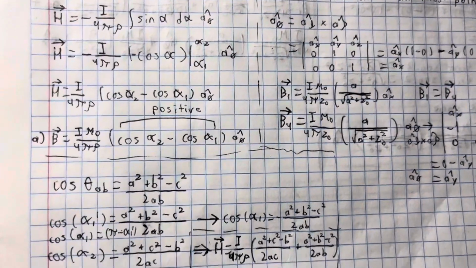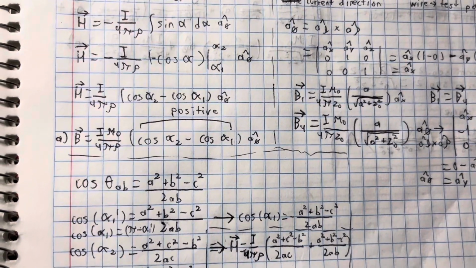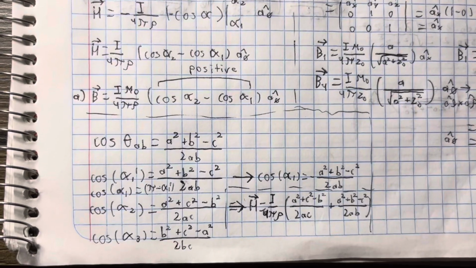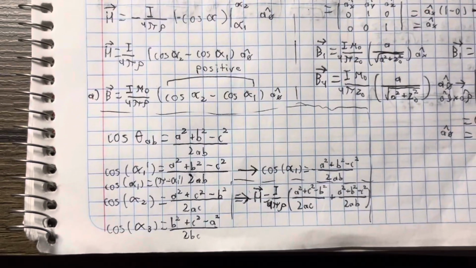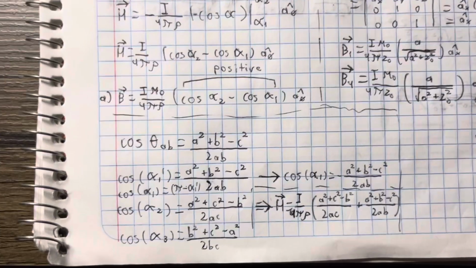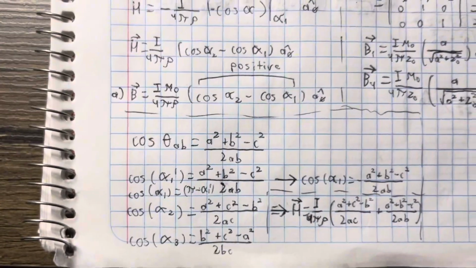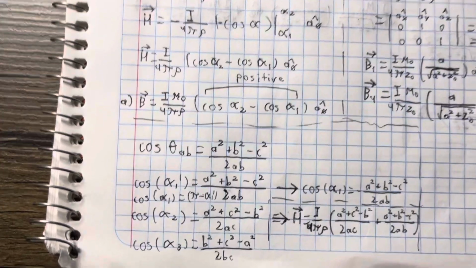And when we rearranged that, we finally got that C squared was equal to A squared plus B squared minus 2AB cosine of alpha AB. And when we cleared cosine of alpha AB, we got this division.